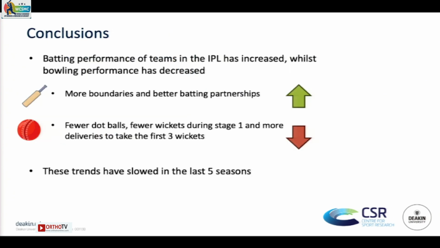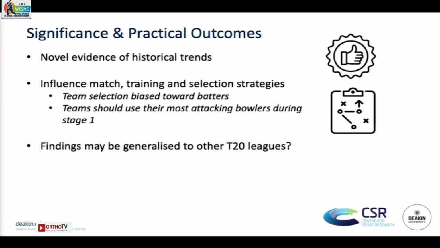I'm going to skip over this one because of time, straight to conclusions, which taken collectively, the results imply that in the IPL, there is a trend of improving batting performance by teams and a trend of declining bowling performance by teams, although these trends seem to be flattening out in the last 5 seasons.